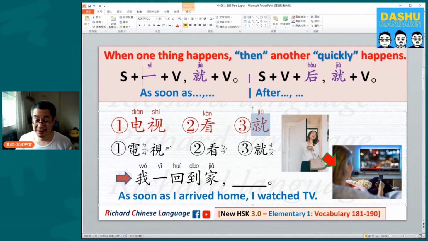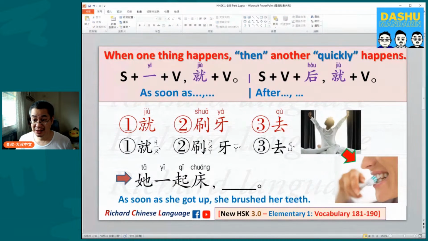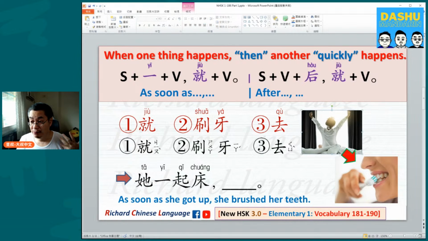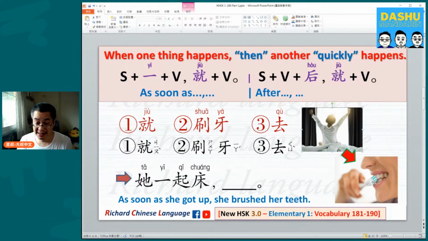Remember the structure? Let's practice one more. 他一起床, get up, out of bed, 起床就刷牙, brush your teeth, 去. So when one thing happens, another happens immediately.